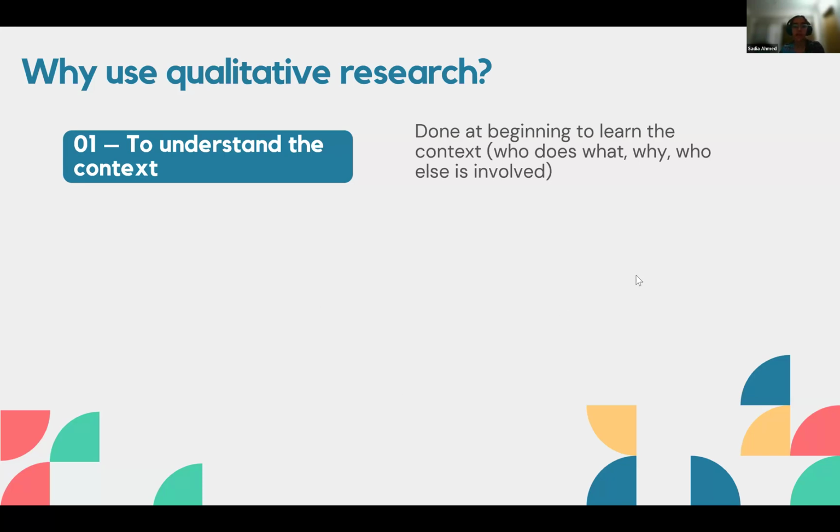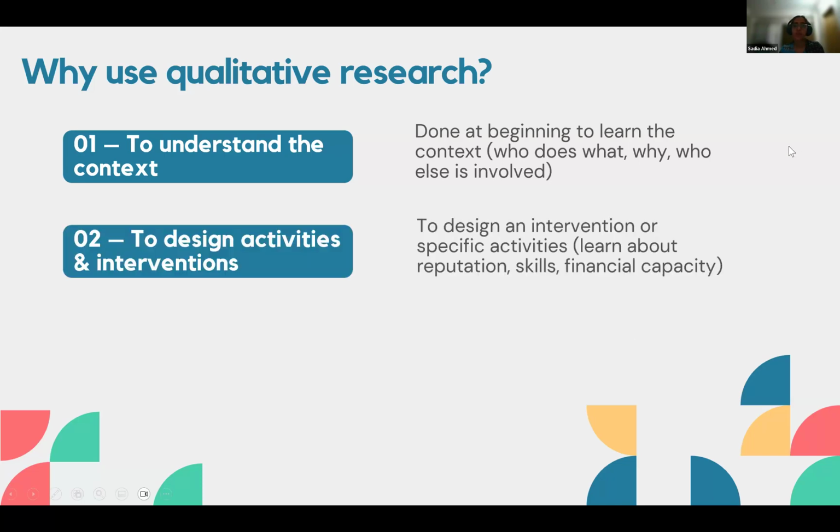A second time when qualitative research becomes important is when we want to design activities, interventions, or when we want to decide what we are going to do. In this case, qualitative research is useful because we want to think more deeply about what is possible to implement. You may need to know a bit more about the skills that people have. You may need to know whether they need to hire more people or different kinds of skills.